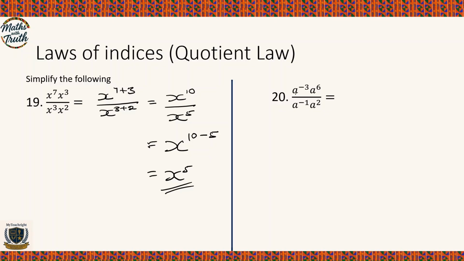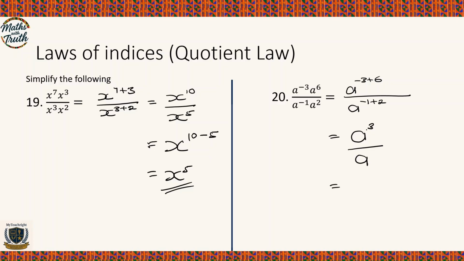This one, we have the common base and the expressions are multiplying. So we apply the product law of indices to the numerator and denominator. So we have a exponent -3 plus 6 divided by a exponent -1 plus 2, which then gives you a exponent 3 divided by a.